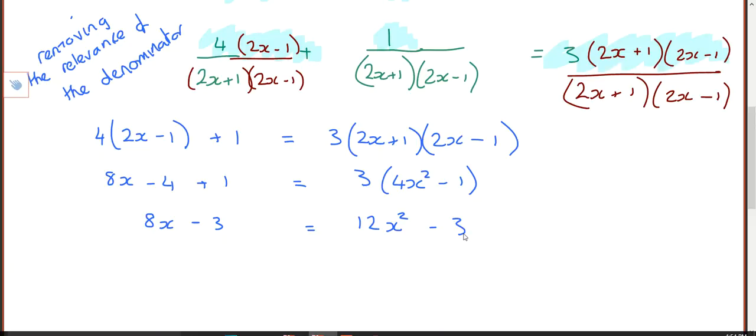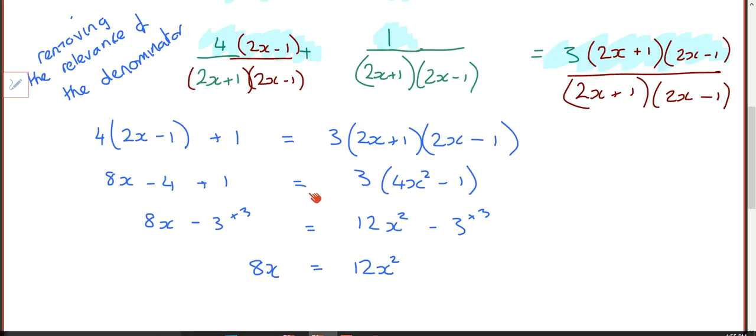I know one person got this far and then kind of got stuck. But if you think, right, now I need to eliminate things, well, I've got a minus 3 on each side. So if I actually add 3 to both sides, it gets rid of it. So now I'm left with 8x equals 12x squared.